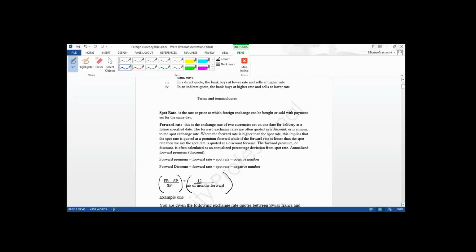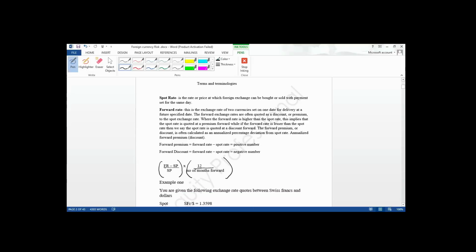You can calculate your annualized forward premium or forward discount with the formula on your screen.